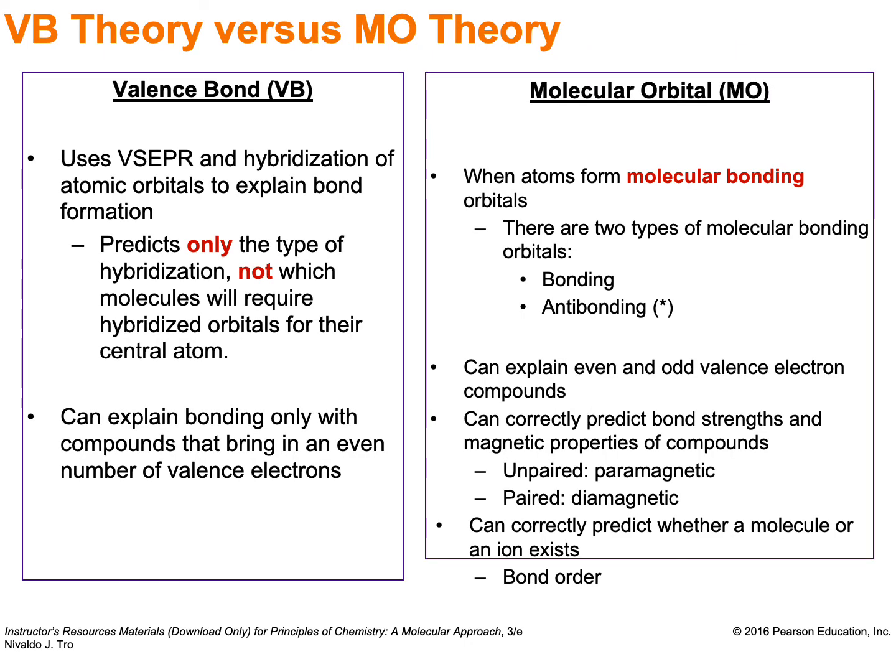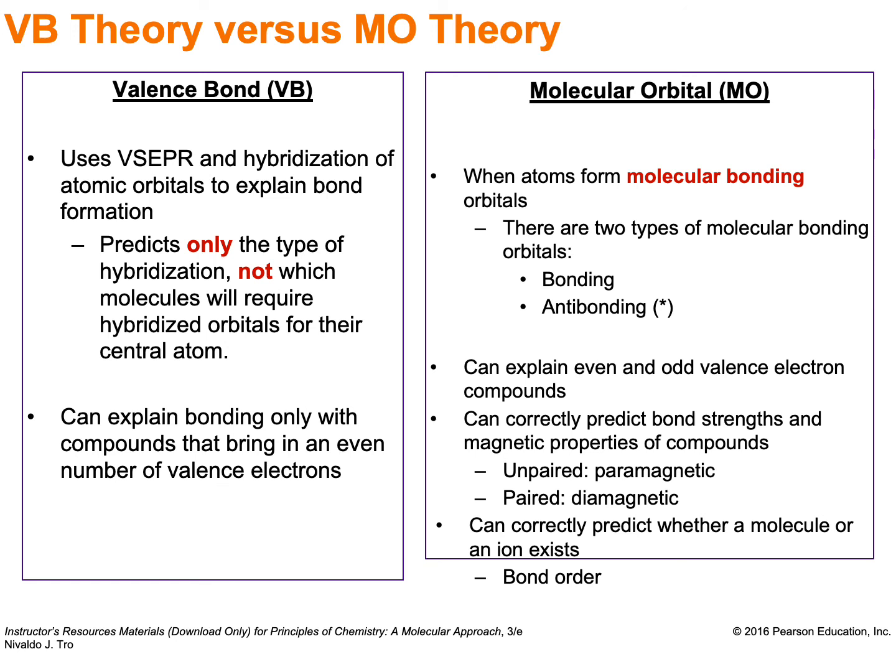So in summary, valence bond theory, VB theory, uses VSEPR and hybridization of atomic orbitals to explain bond formation. Now, it can explain bonding only with compounds that have an even number of valence electrons. What if you have an odd number?